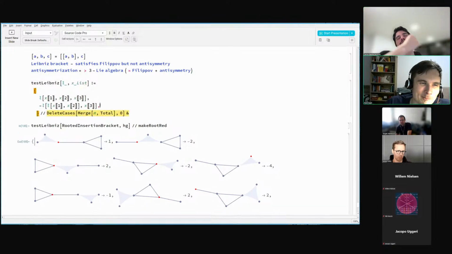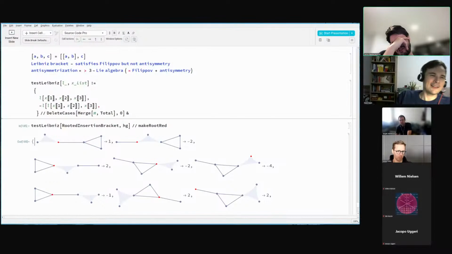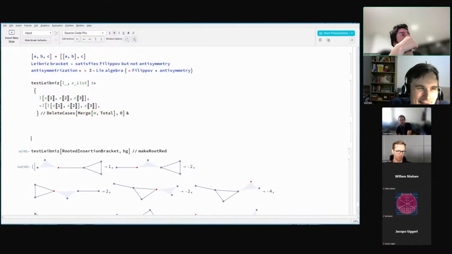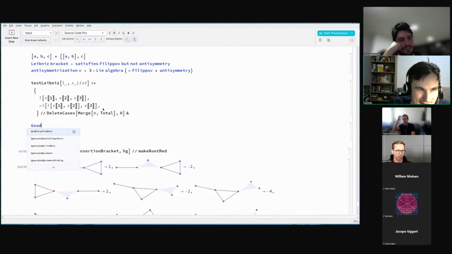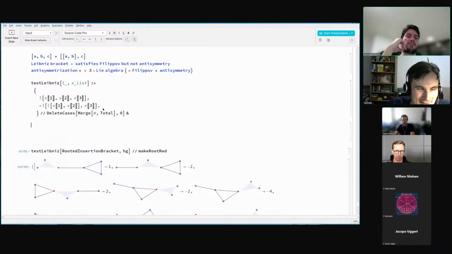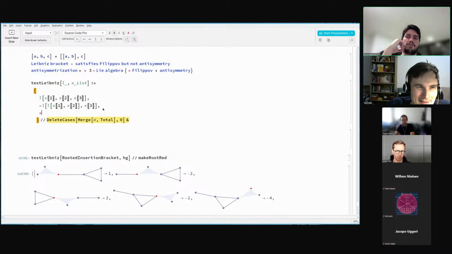Okay. This antisymmetrization is a little bit tricky, I think. Maybe I can antisymmetrize on the second and third, I believe you should be fine.